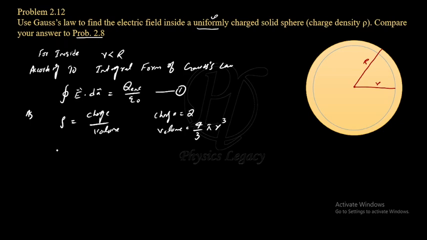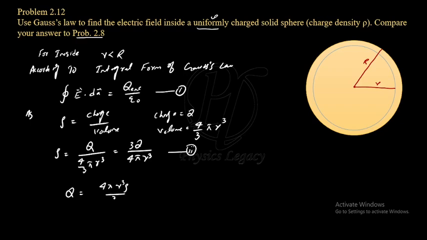So our volume charge distribution is equal to Q over 4 over 3 pi r cube, that is equal to 3Q over 4 pi r cube. We call this equation number 2. But our need is Q, so Q is equal to 4 pi r cube rho over 3. We call this equation number 3.